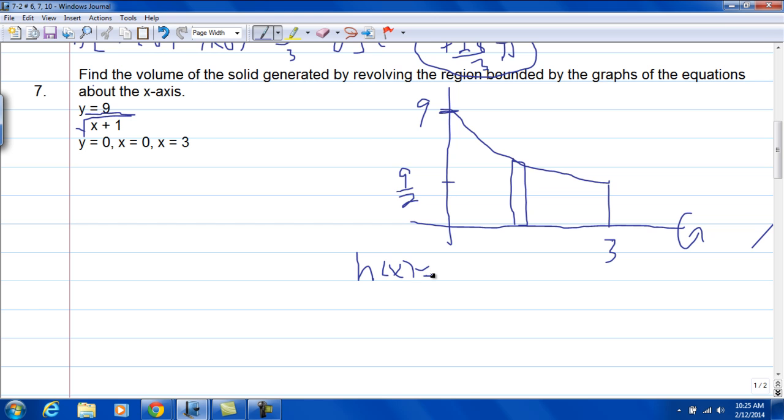Well, this upper curve is 9 over the square root of x plus 1. And the r of x equals 0. I'm going to try a different pen here, see if it works any better.